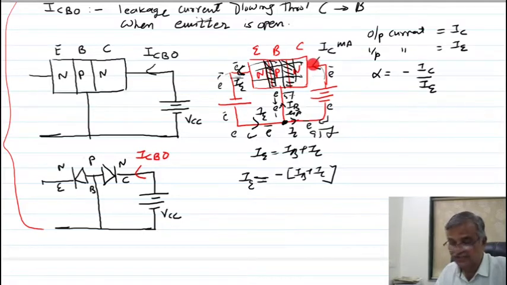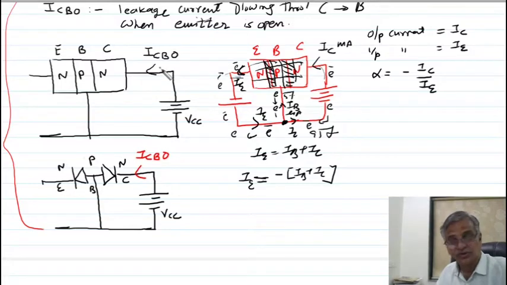So this current is nothing but the sum of the current due to the electrons coming from emitters and electrons coming from the base.